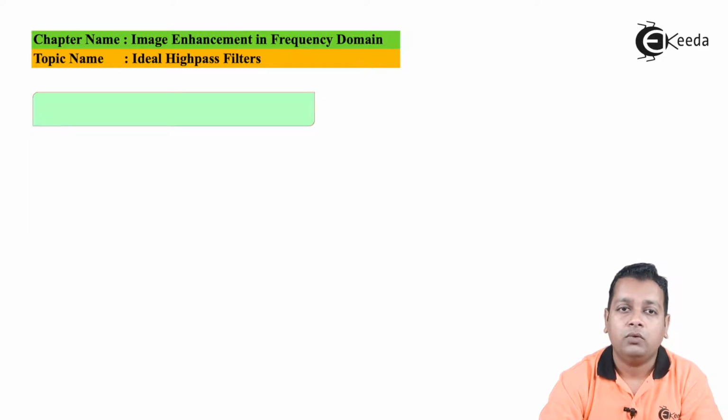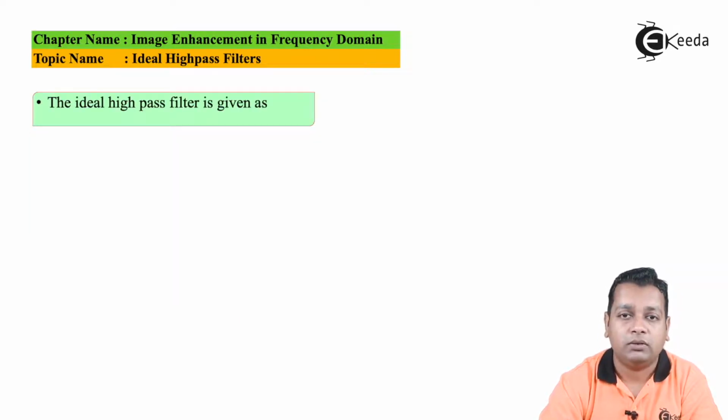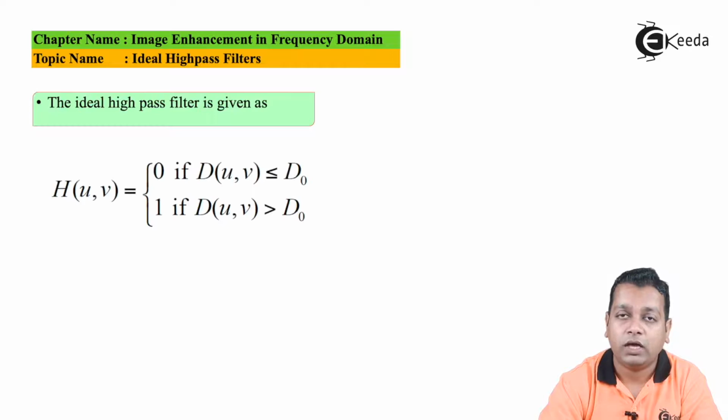Now the ideal high pass filter is given by H of u v having the value 0 if D of u v is less than or equal to the cutoff frequency D0. So you can see the reversal with respect to the ideal low pass filter. Earlier it was 1 here, now it is 0.